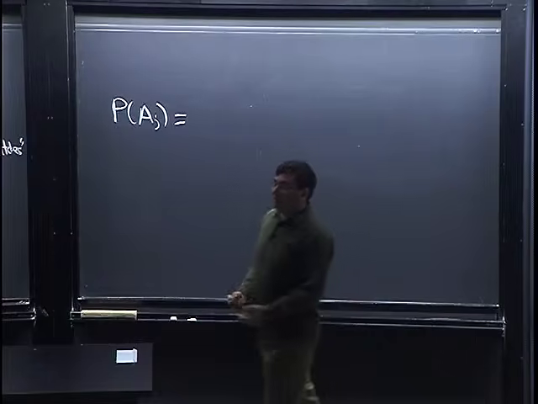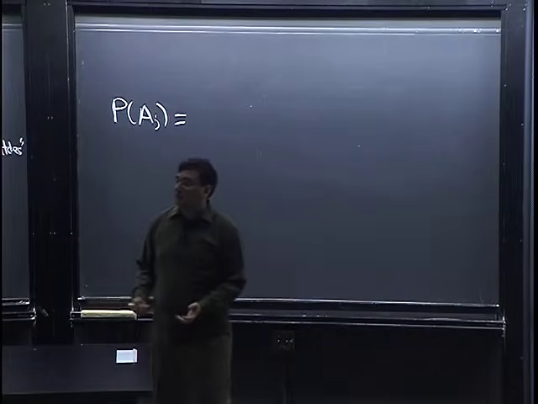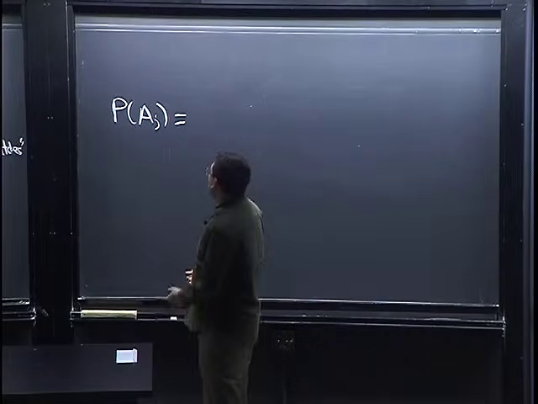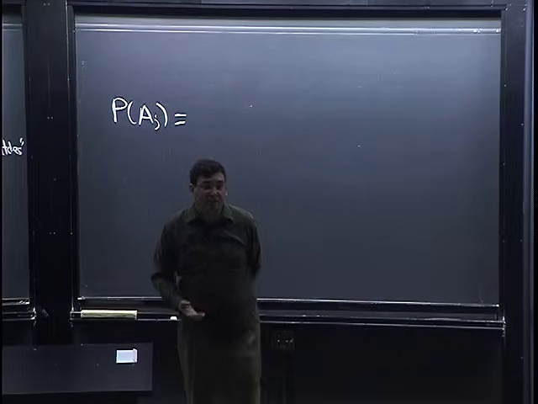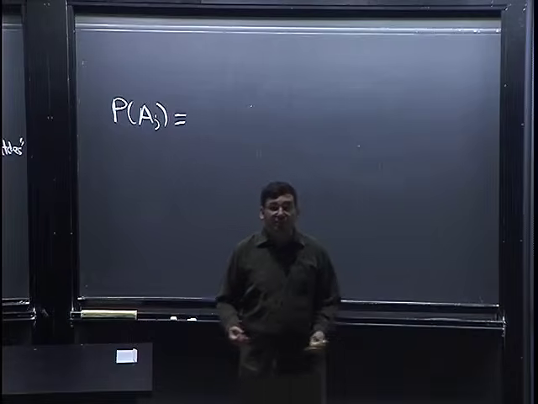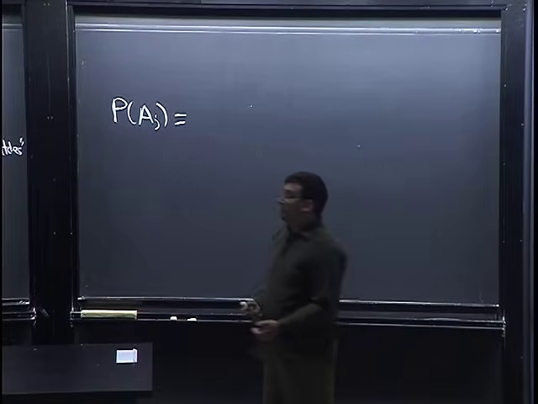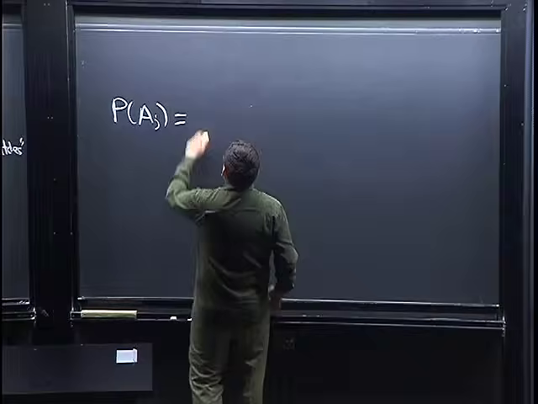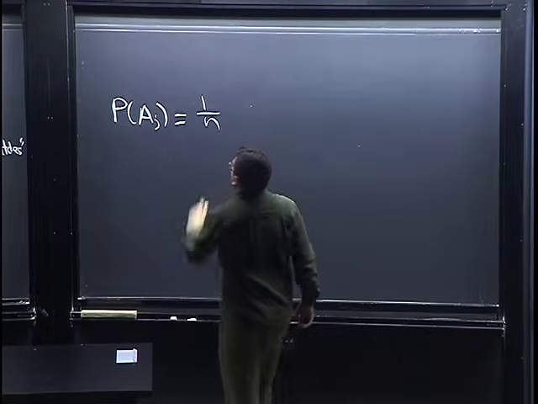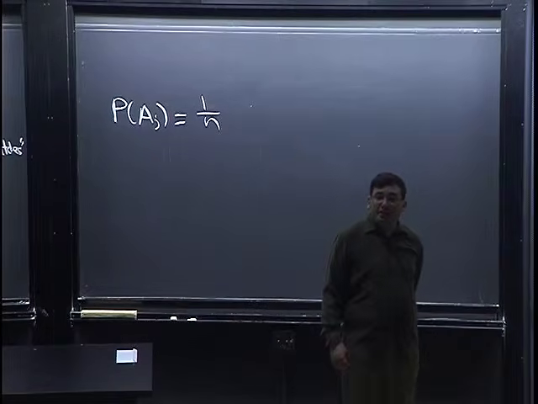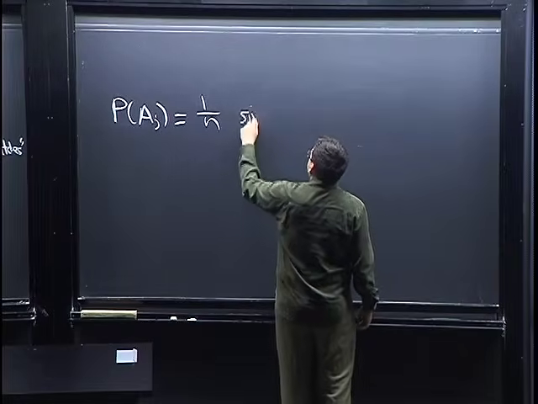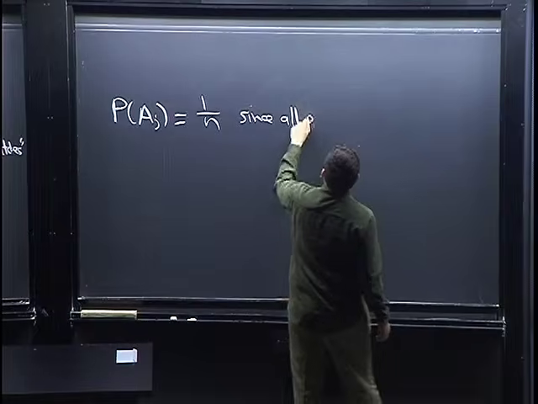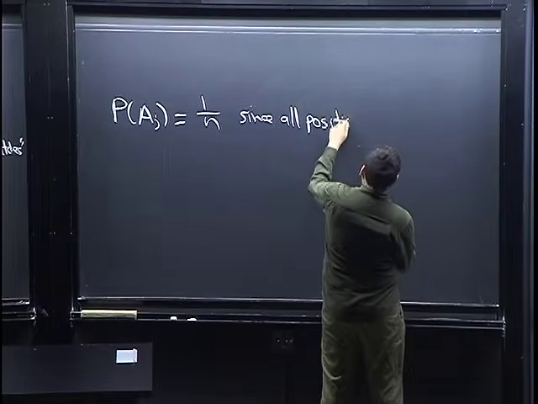Now, you can do this using the naive definition of probability, because we're assuming there's two ways to think of this. One way would be to have n factorial as the denominator, because we're assuming all permutations of the deck are equally likely. That'd be fine, but an easier way to think of it is just that it's 1 over n. It's 1 over n because all positions are equally likely for the jth card.